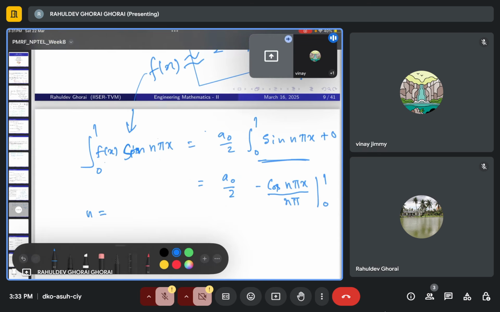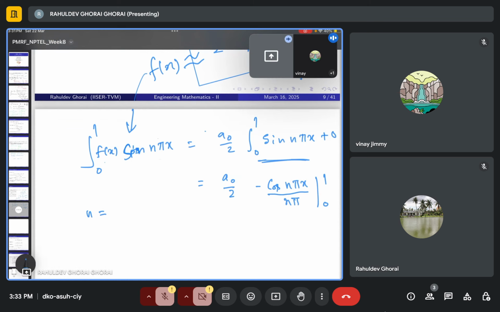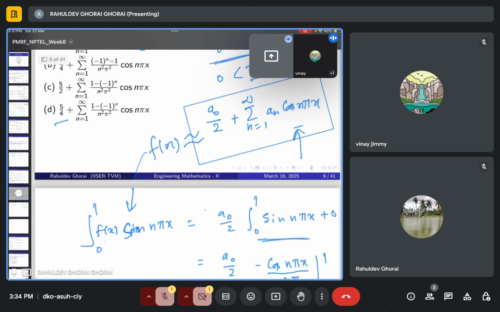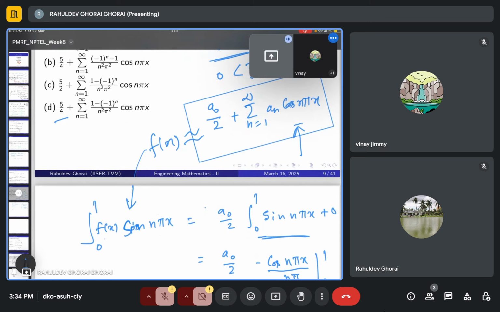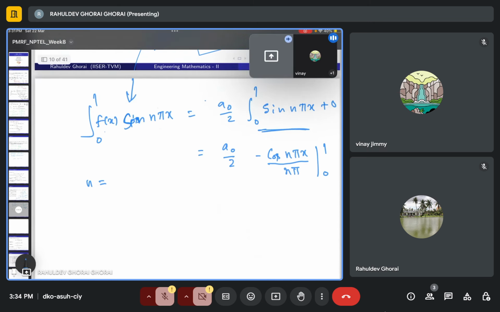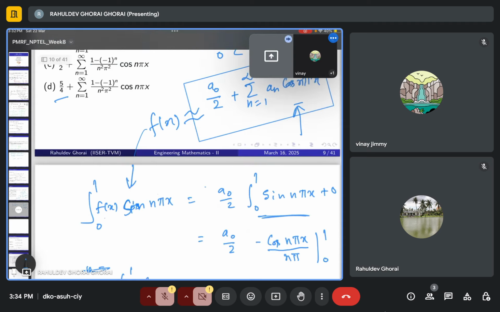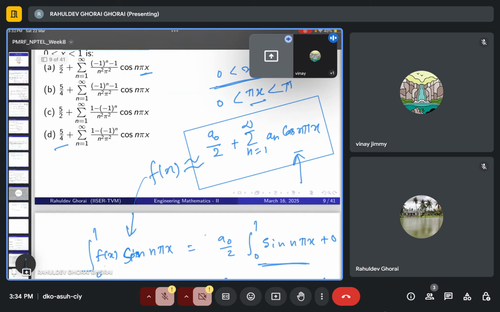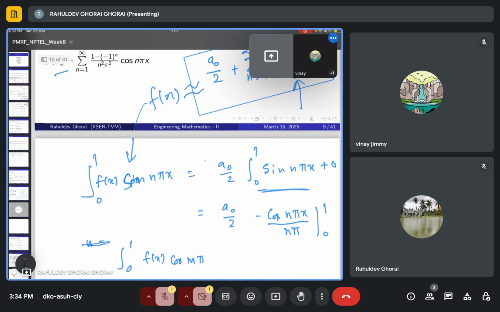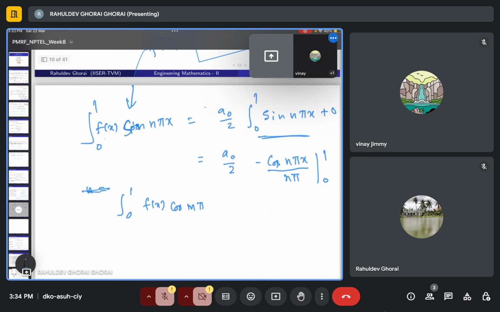That is easy to obtain, but I cannot obtain it here. Okay, so this way it will be a little weird. So you can multiply by cos m pi x, but everything should be similar. Yeah, okay. No problem.